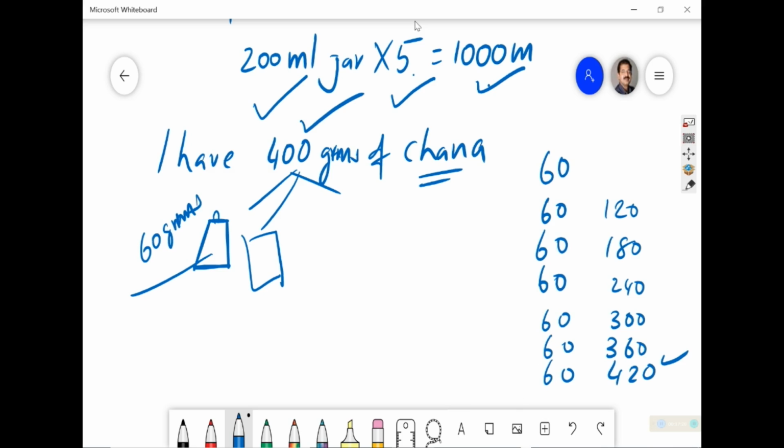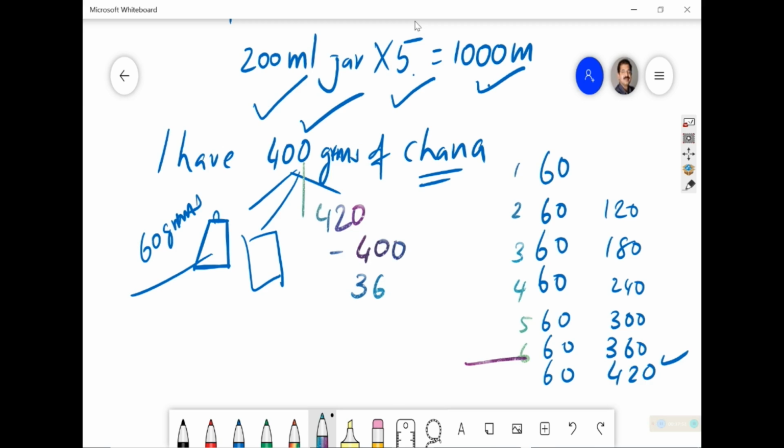So I can make 1, 2, 3, 4, 5, 6 packets. 7th packet not possible. If I have to make the 7th packet, there should be 420 grams. वो तो है नहीं. तो 6 complete बनाएगा. So 400 minus 360, that means 40 grams balance रहेगा.